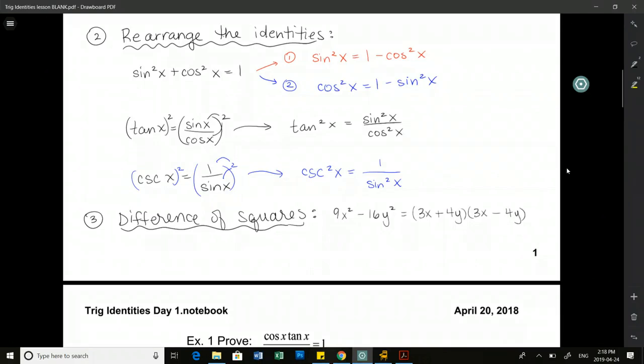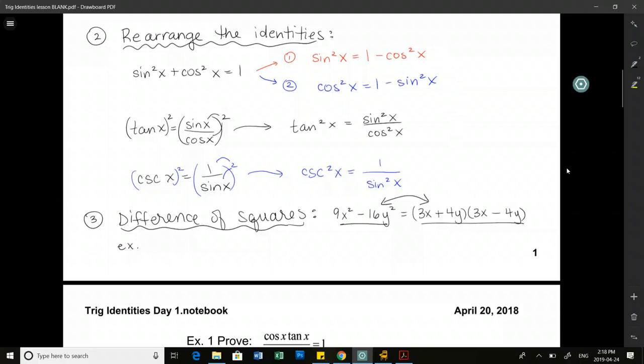So you might come across something similar, where you're subtracting two squares, and you should know that you can factor and FOIL these. I can go from factored form into expanded form, or from expanded form into factored form, depending on what I need. One we use quite a bit is these two up here, which are differences of squares, because 1 is a perfect square, and cos squared and sine squared are perfect squares as well.